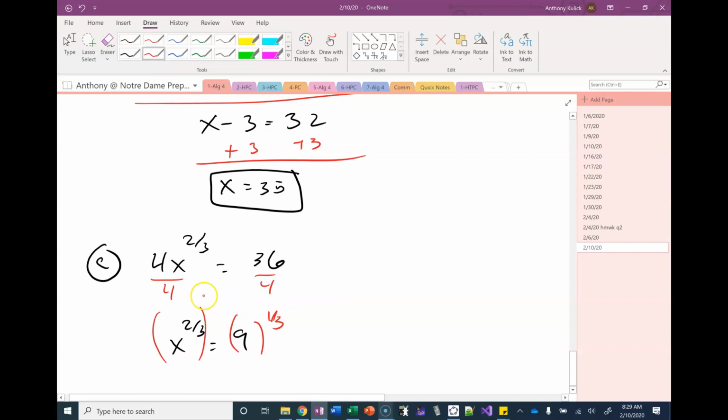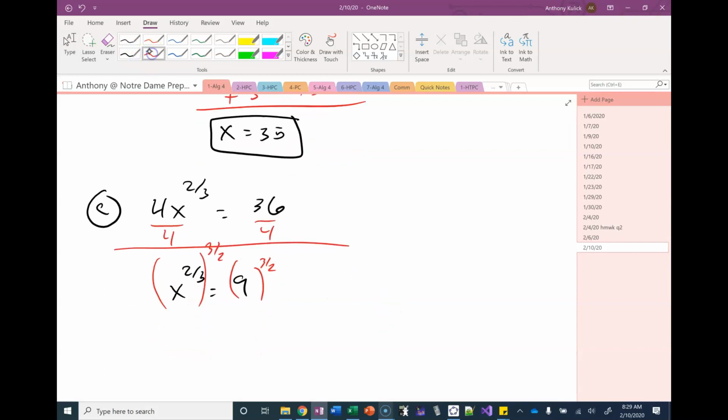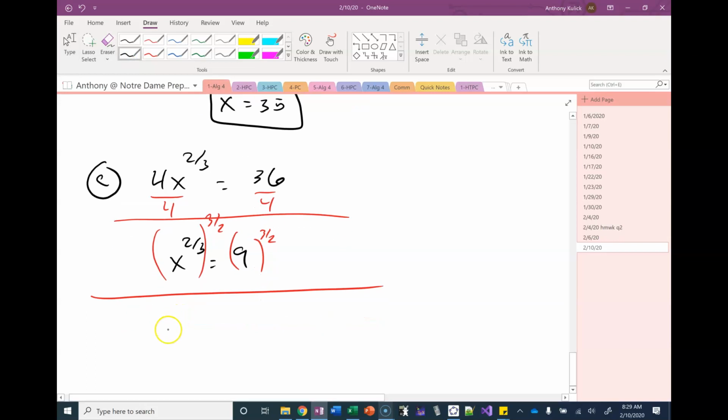Yeah, we'd use the reciprocal exponent, 3/2. Good. Now here's a place where we have to be quite careful. What type of radical is 3/2?